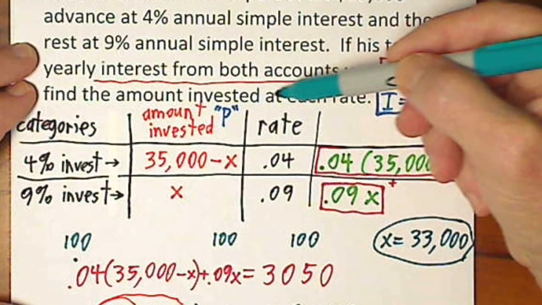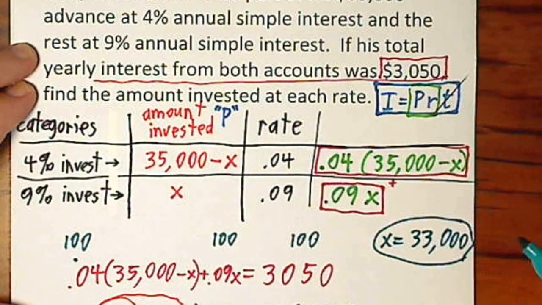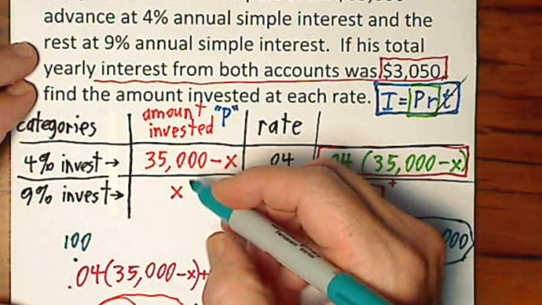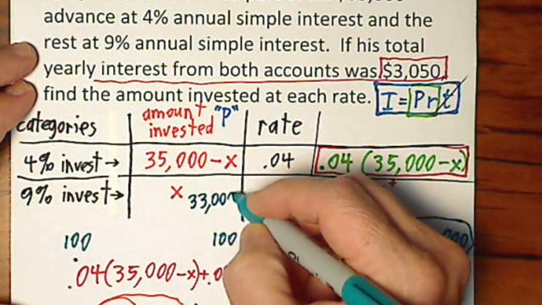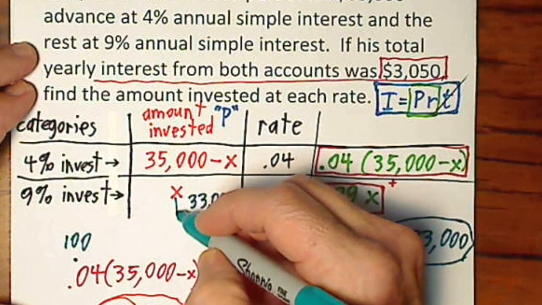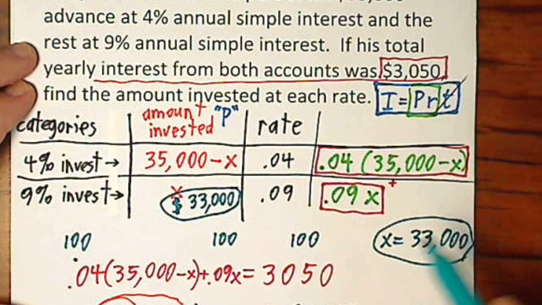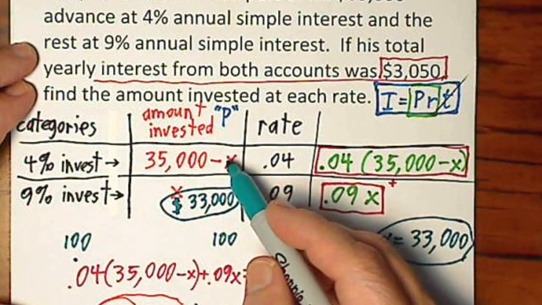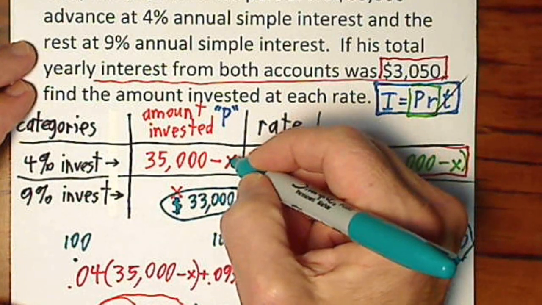Find the amount invested at each rate. This is where the amount invested sits. So we have to plug 33,000 into this, and nothing will change. So that's $33,000 at 9%. Okay, and then here I need to plug in 33,000 where the x is.